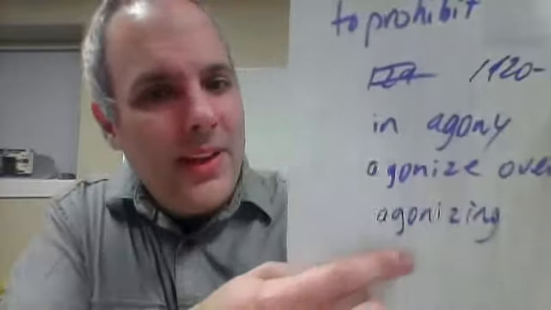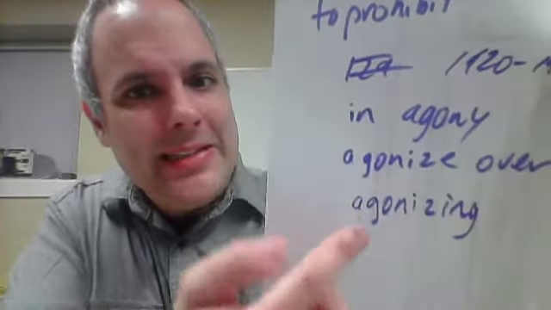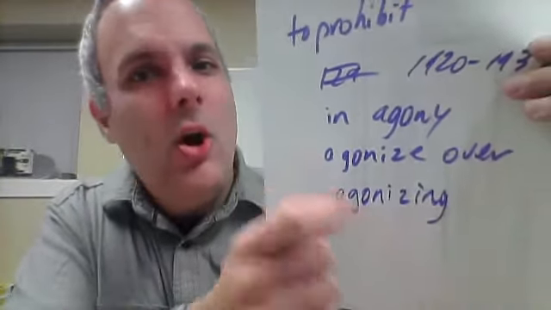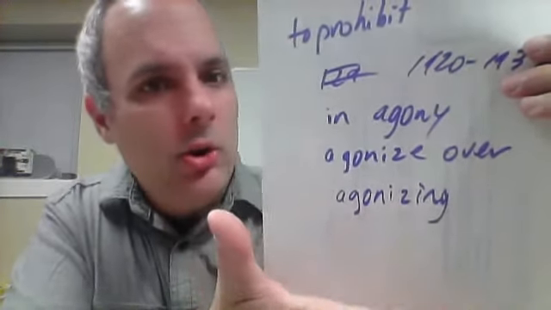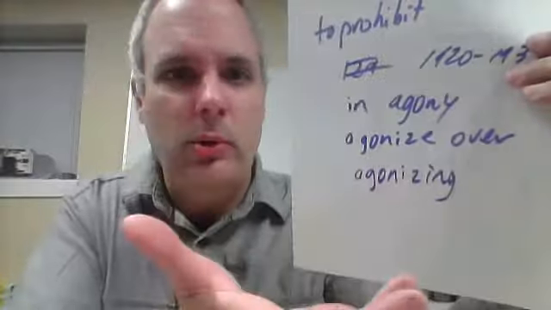Now, agonizing is a little bit tricky, so be careful here, okay? If it's after the word is, or am, or are, or was, or were, then it's going to be a verb. Daryl is agonizing over the decision. Okay, should I move to Hawaii or should I move to Florida? Both are beautiful.